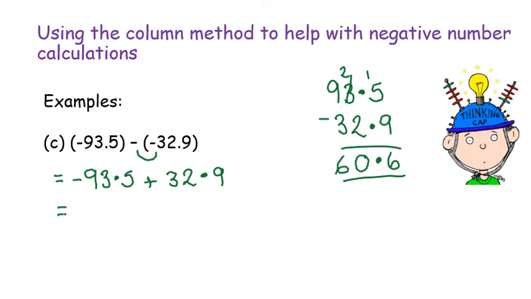Now, negative 93.5 plus 32.9 is going to get you a negative still, because we were approaching 0, moving towards the right of the number line, but it is still a negative answer. So if you are showing extra working at the side, just make sure you put in your negative in your answer as well. So it's negative 60.6 for your final answer.